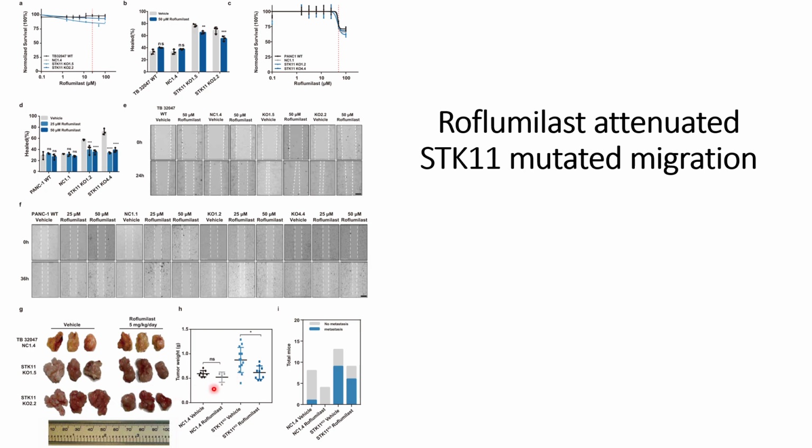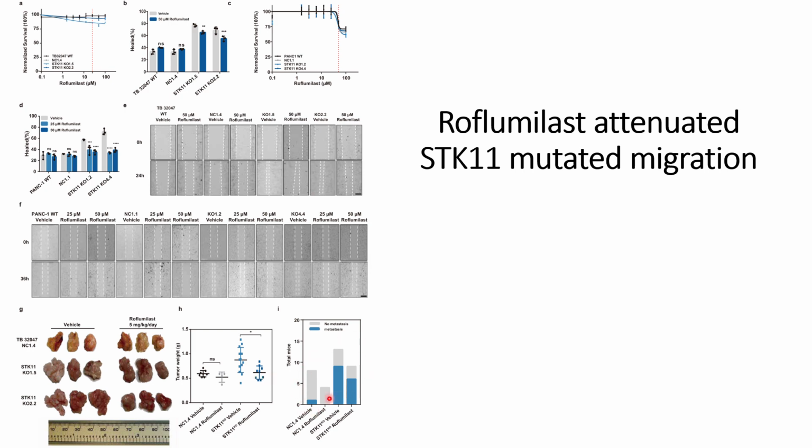They quantified these things in terms of tumor weight, where we can see that when the STK11 knockout is used, tumor weights are high, whereas when Roflumilast is used in the STK11 knockout, the tumor weights are low, and that is statistically validated.